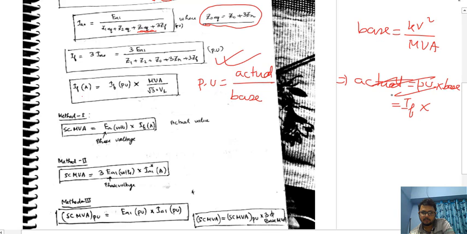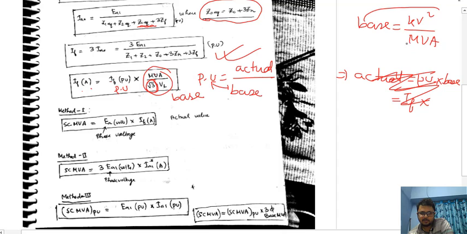You see, PU equals actual by base. So this is the base. As it is 3 phase, we have written √3. So actual equals PU into base. I hope it is clear.